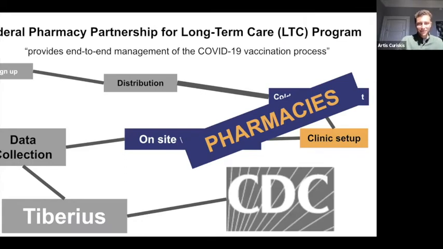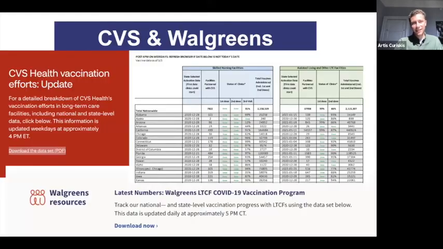So the big crux of the whole pharmacy partnership program are the pharmacies, and they also release data. CVS and Walgreens, the big two that are really the heartbeat of the program, release data every day, except CVS is only on weekdays, Walgreens is daily. They present it as a couple of metrics, but they don't split it off by staff or resident.